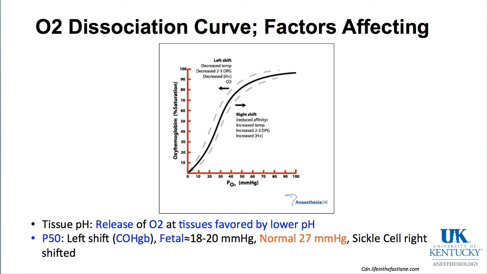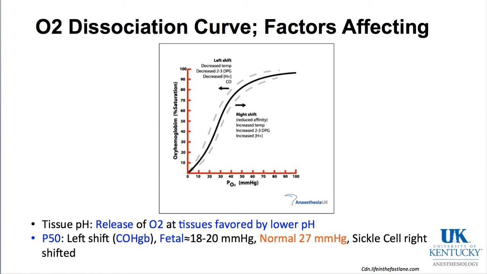Things that shift it to the right include higher temperature, acidosis, higher 2,3-DPG levels. Things that shift it to the left, just the opposite: hypothermia, low 2,3-DPG, which can occur in blood that is old and been sitting in the blood bank with low 2,3-DPG levels. It's not going to release oxygen to the tissues as well.